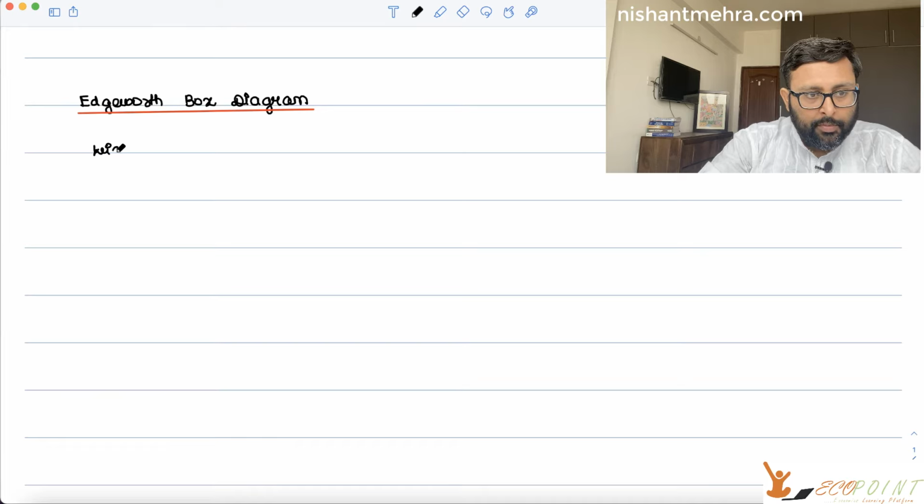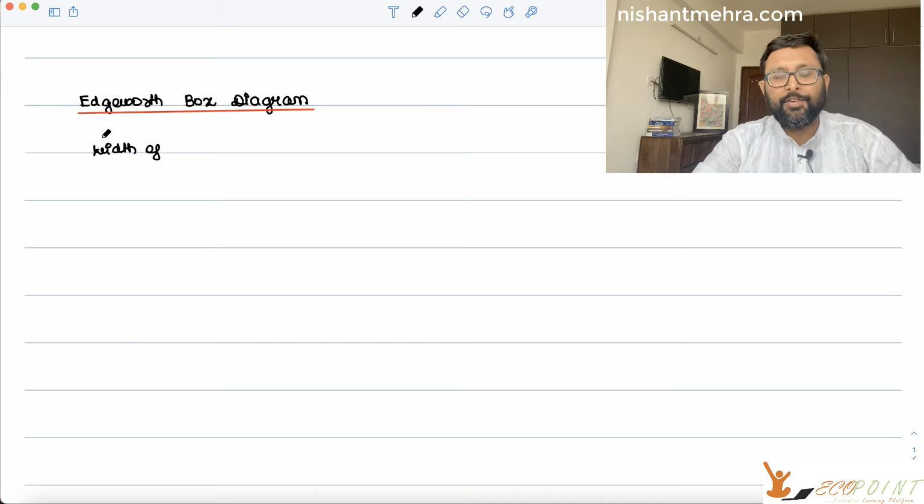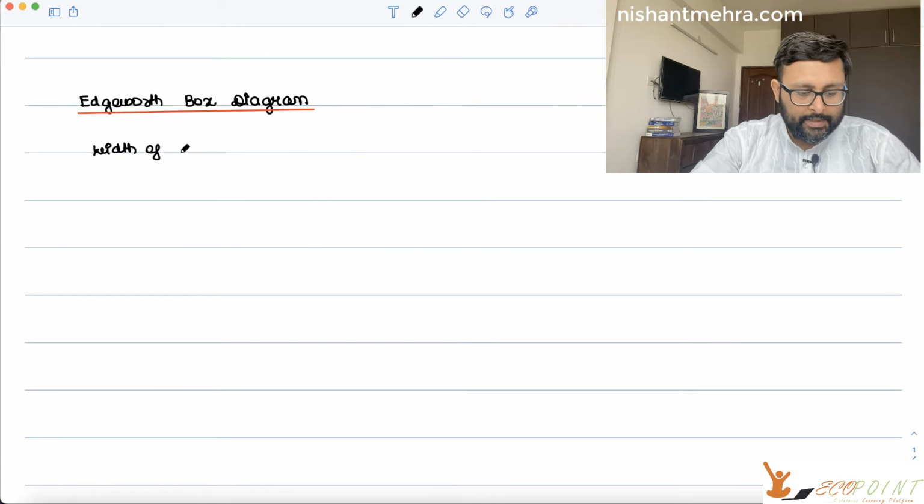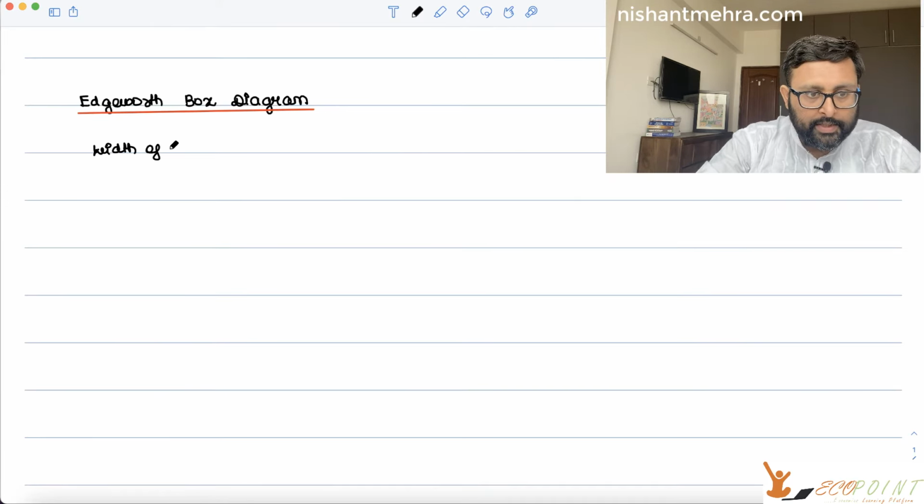So, the width of the box, you don't have to write this much in the paper. It's just the first class, so I'm just telling you the basics. And of course, nobody is going to ask you to write what is the width of the box. They'll just give you a numerical question to solve. But you need to know the ABCD of all this.